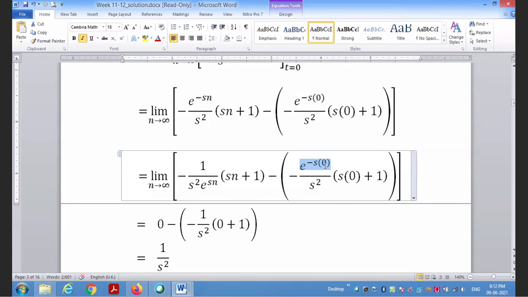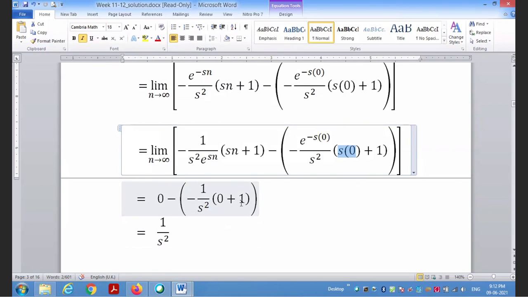And then minus 1 over s squared. And then s times 0 is equal to 0 plus 1, so you have 1. That means you have minus 1 over s squared times 1. Because this one is 0, this one is equal to 1, this one is minus 1 over s squared.